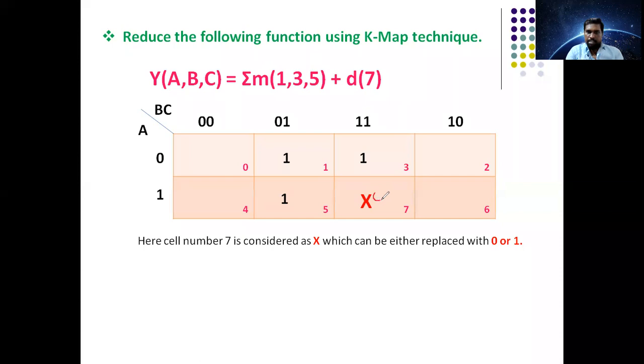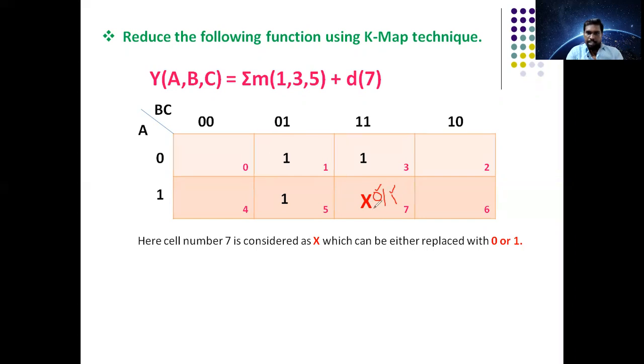Suppose if I replace 0, whether this 0 is convenient for me or not. Suppose if I replace 1, whether this 1 is convenient for me or not. That means for which value, 0 or 1, if I replace here, that will be convenient for me. Okay, clear? Which value is to be replaced so that my simplification will become convenient for me.